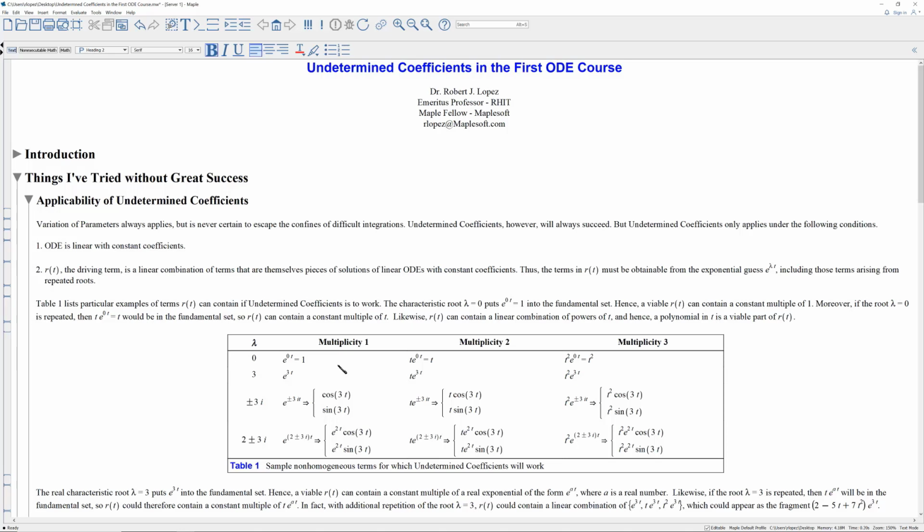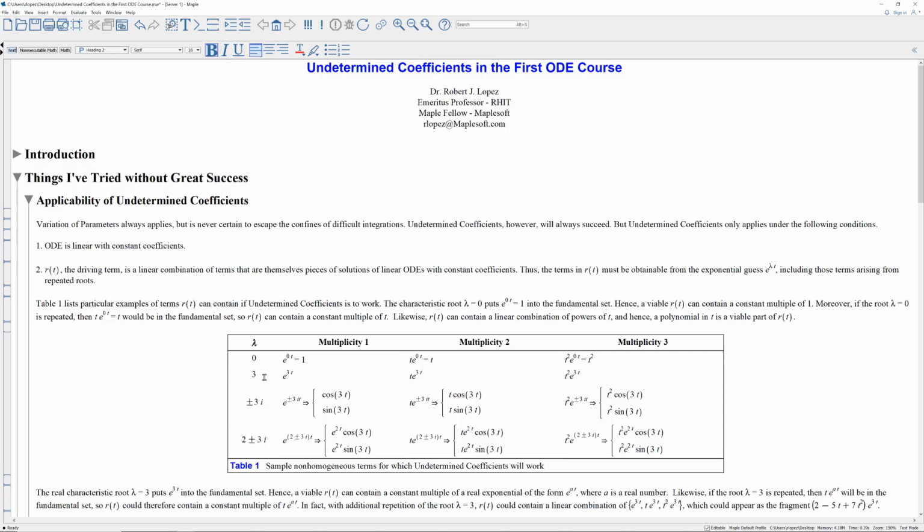And if lambda equals 0 has multiplicity 2, then you're going to have an addition of t, e to the 0 t, which is t. And if it has multiplicity 3, so you have lambda equals 0, 0, 0, you're going to have a t squared e to the 0 t, or just a term t squared.